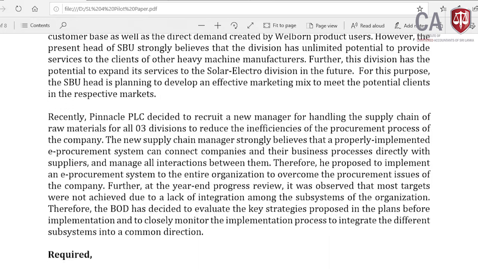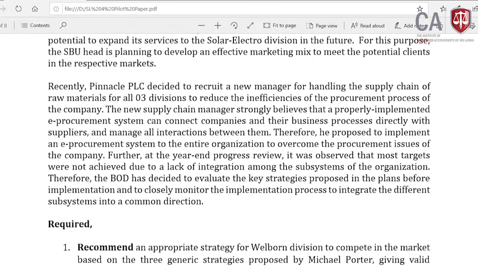Recently, now the last para is given, no. Look at the first 3 paras, you are right, they are allocated to give further information on Wellborn, the solar electro division and Machine Tech. Then the last para, let us look at it.